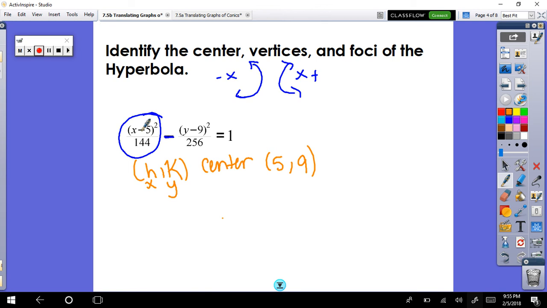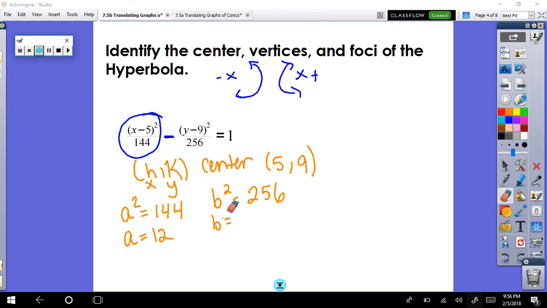So then, in this case, a squared in the hyperbola always comes first. So a squared would be 144, which means a is 12. And b squared is 256, which means b is, sorry, the square root of 256 is 16.